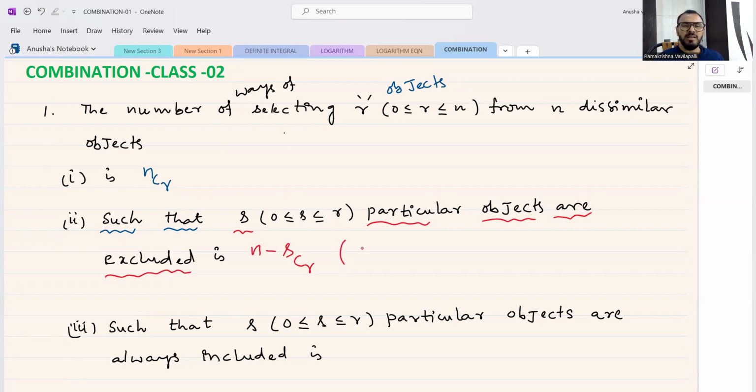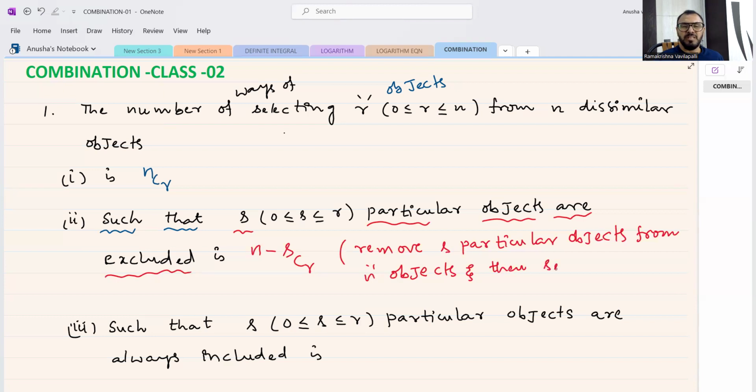Here I am writing that remove s particular objects from n objects and then select r objects from the remaining objects.